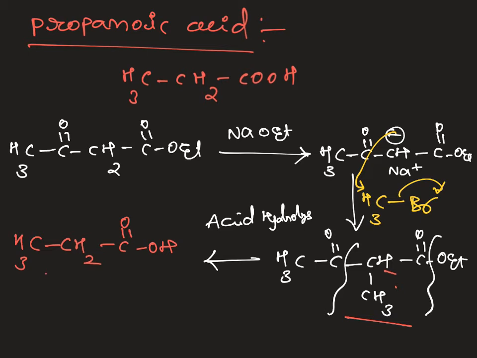Along with this, the default products coming from the ethyl acetate are acetic acid plus ethanol. Once after preparation, we have to go for purification to separate acetic acid and propanoic acid. We will get propanoic acid. In this way we can prepare propanoic acid.